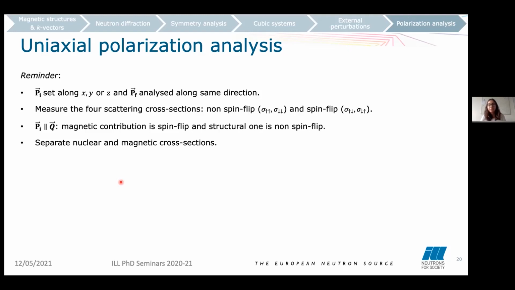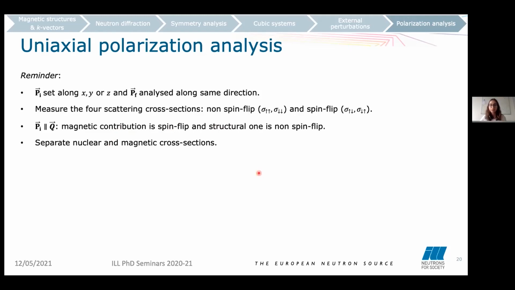And what they measure are these four scattering cross sections, either the non-spin flip or the spin flip ones. What is most interesting in these experiments is to put the initial polarization parallel to the Q vector, so that the magnetic contribution is spin flip and the nuclear one is non-spin flip. In this way, you can separate the nuclear and the magnetic cross sections.